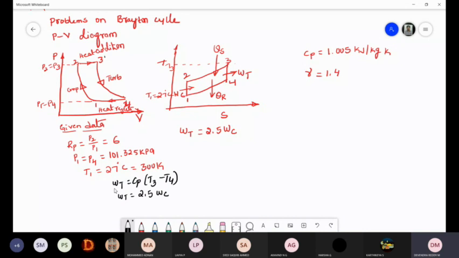Now in place of WT, I can substitute 2.5 times WC. So 2.5 times WC equals Cp into T3 minus T4.